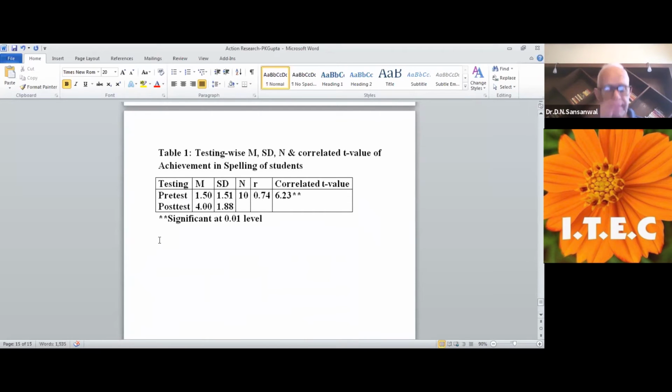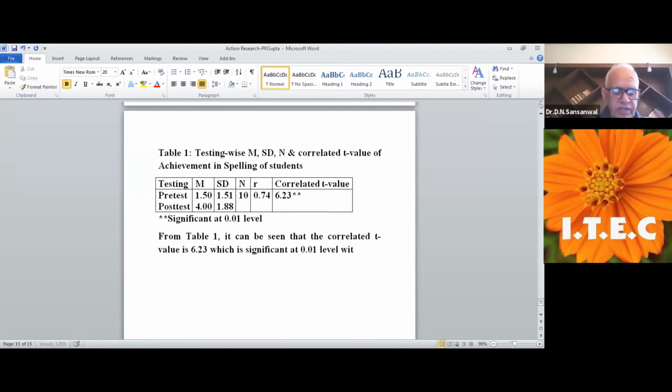And now you say that from table 1, it can be seen that the correlated t-value is 6.23, which is significant at 0.01 level with df equal to 9.